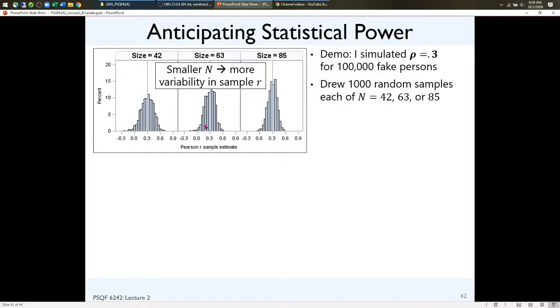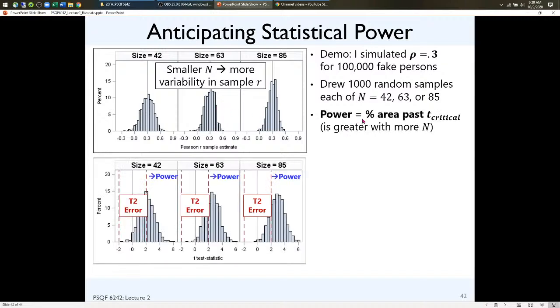That variability decreases. The distribution gets more compacted as you increase your sample size. So in larger samples, there's less wiggle, there's less inconsistency, there's less variability in what the correlation would be in any one sample.